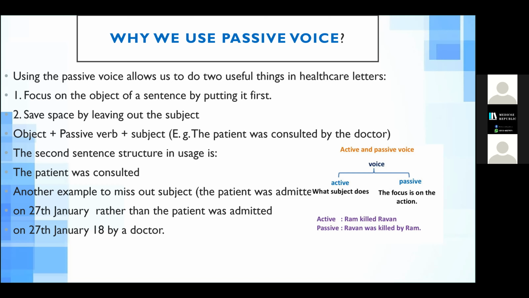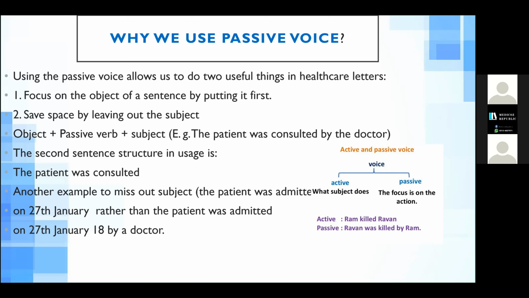When we put the patient at the start of the sentence, this allows us to focus on the patient more rather than the doctor. This is useful in discharge and referral type letters because the patient is the most important focus of the letter.